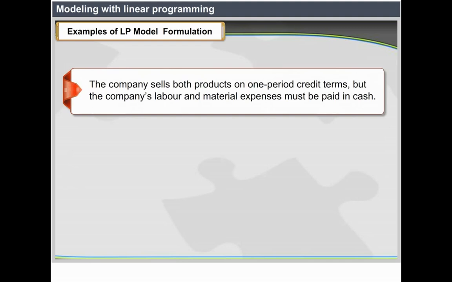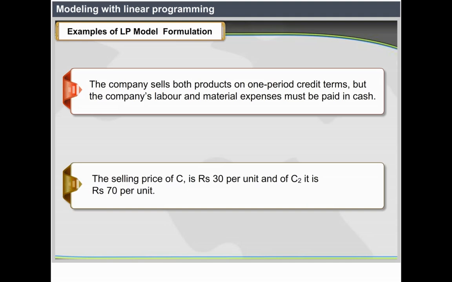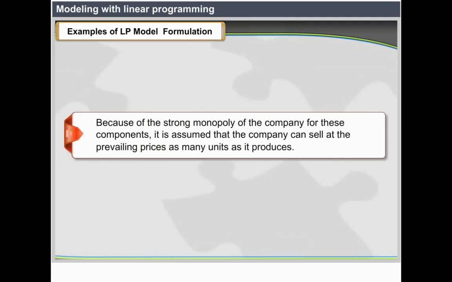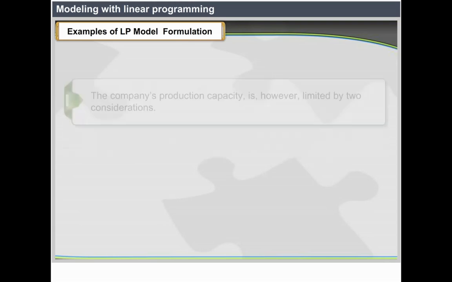The company sells both products on one period credit terms, but the company's labor and material expenses must be paid in cash. The selling price of C1 is rupees 30 per unit and of C2 it is rupees 70 per unit. Because of the strong monopoly of the company for these components, it is assumed that the company can sell at the prevailing prices as many units as it produces.